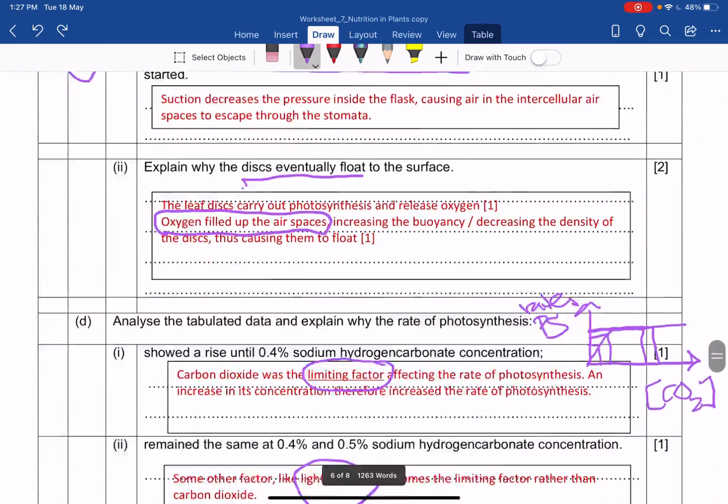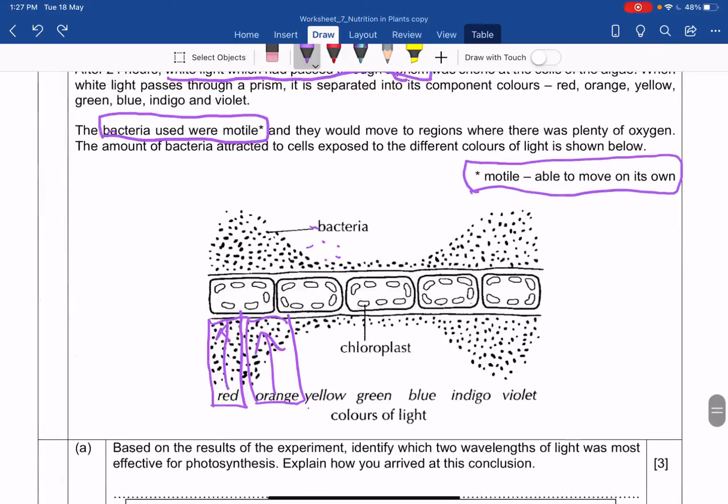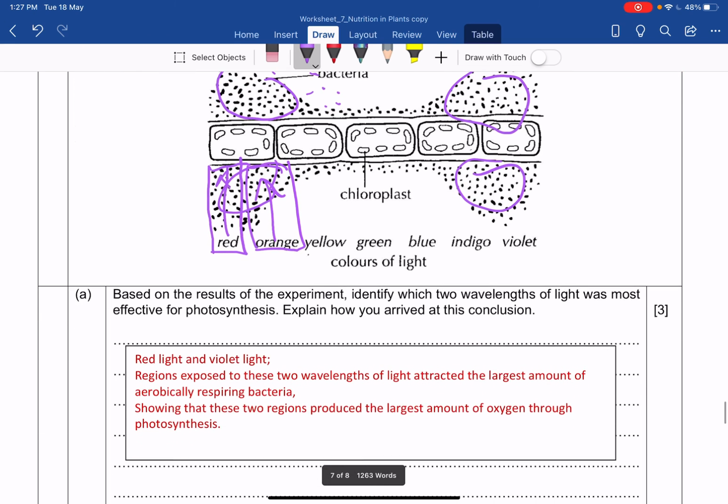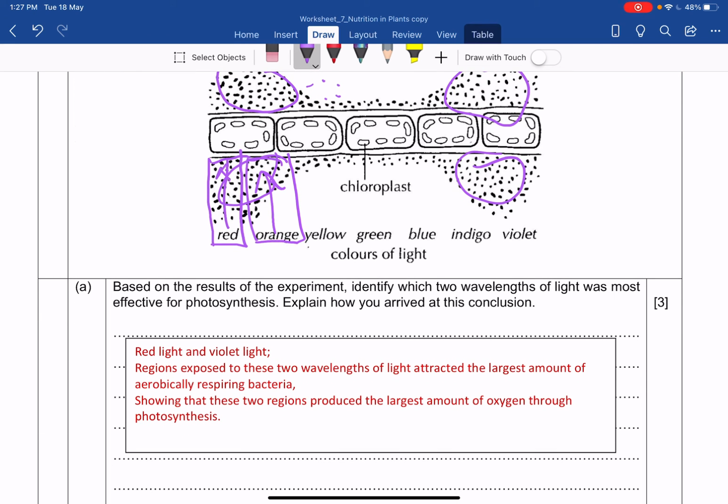Sorry, let me scroll back. So they move to these 2 regions mainly.